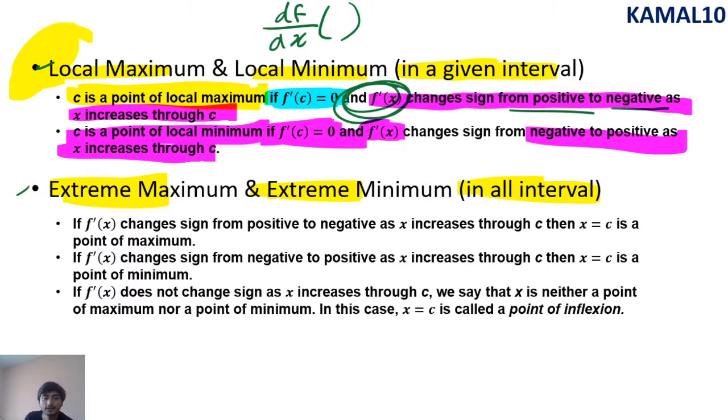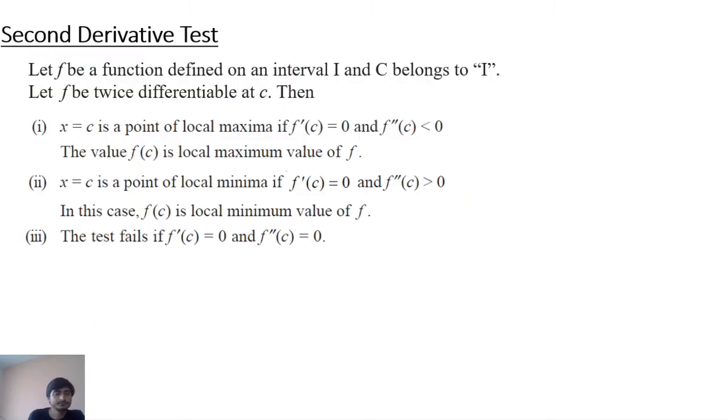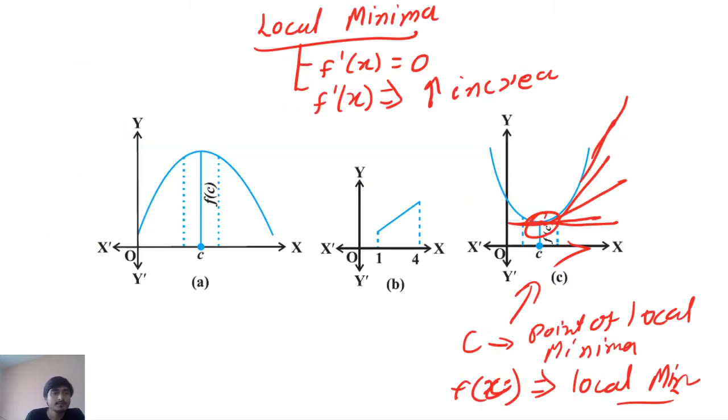So basically it should always be analyzed at that point, right? Like see, at this point, after this point what happens, still here it is coming down, and after this it is changing sign, right?